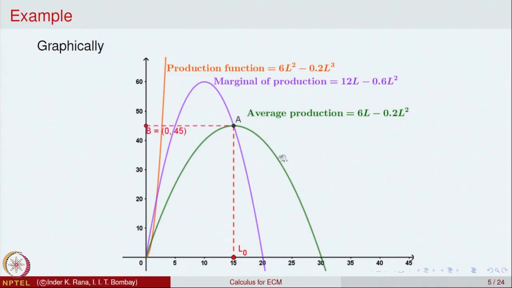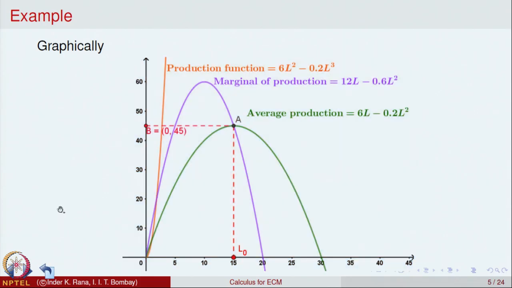This is the point where both of them agree, and L 0 is the point of maxima for the average. So, at the point where the average production takes its maximum value, the marginal production and the average production are equal to each other. That is what this is saying graphically.